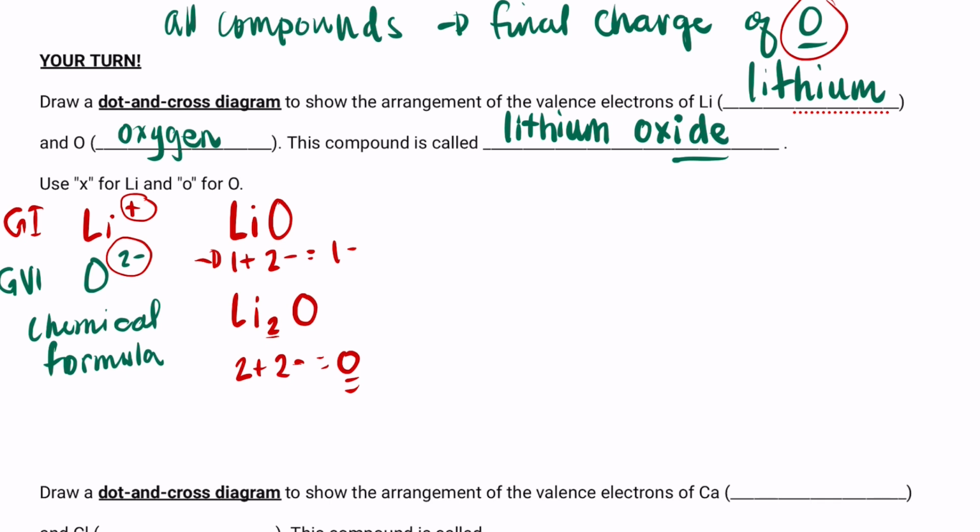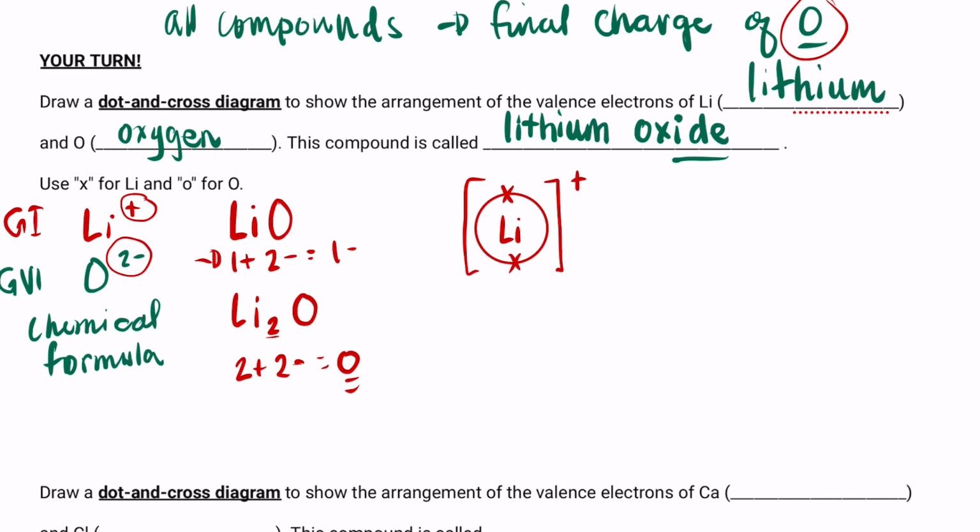It says here, use X for lithium and dot for oxygen. So with lithium, now that lithium has given away its outer shell electron, it's now left with 2 electrons. And since it gave away 1 electron, it now has a charge of 1 plus.